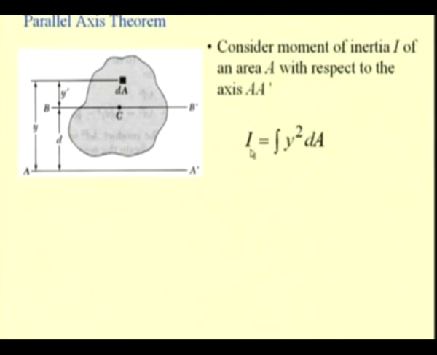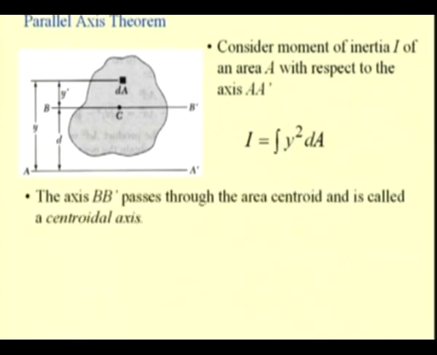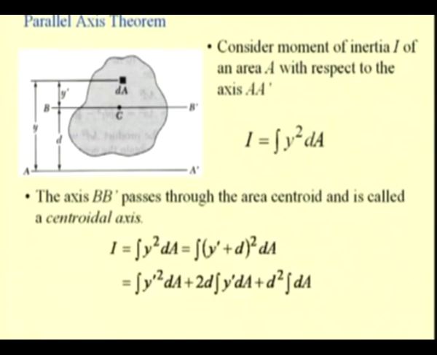So, we have this second moment with respect to this axis A prime as integral y square dA. This y is nothing but y prime plus d, and so we write this integration as integral of (y prime plus d) square times dA.